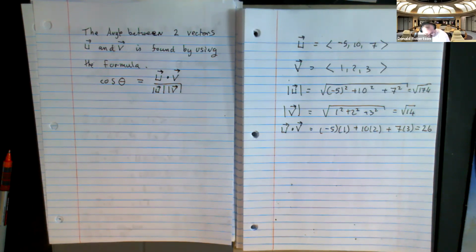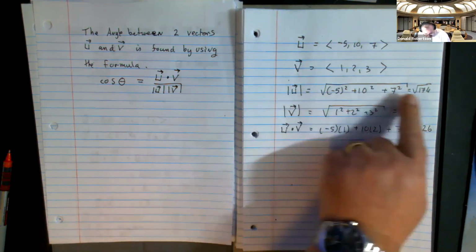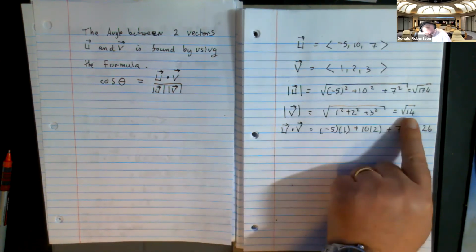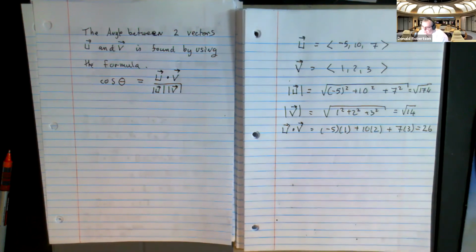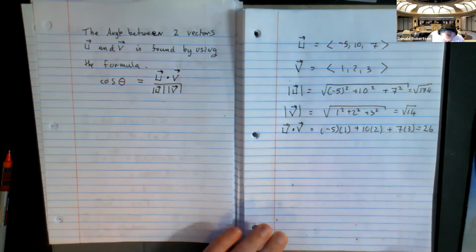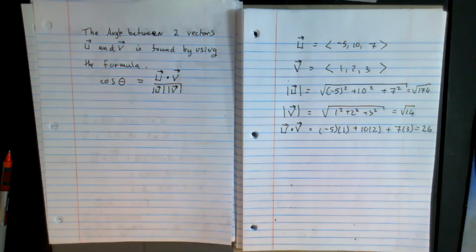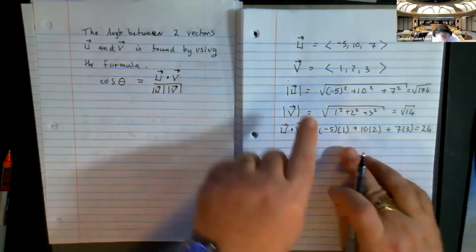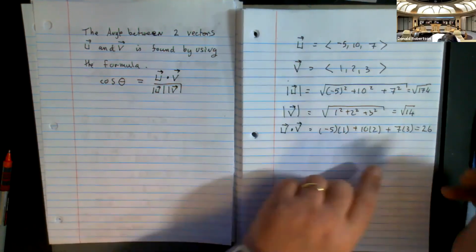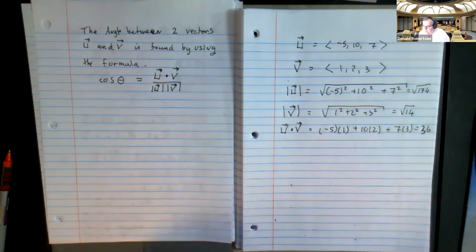Do those three guys look good? Magnitude of u, magnitude of v, and the component version of the dot product. Question? Sorry. Isn't the dot product, I think, shouldn't it be 36? I don't know. Could screw up here. Agreed. Now we're good.